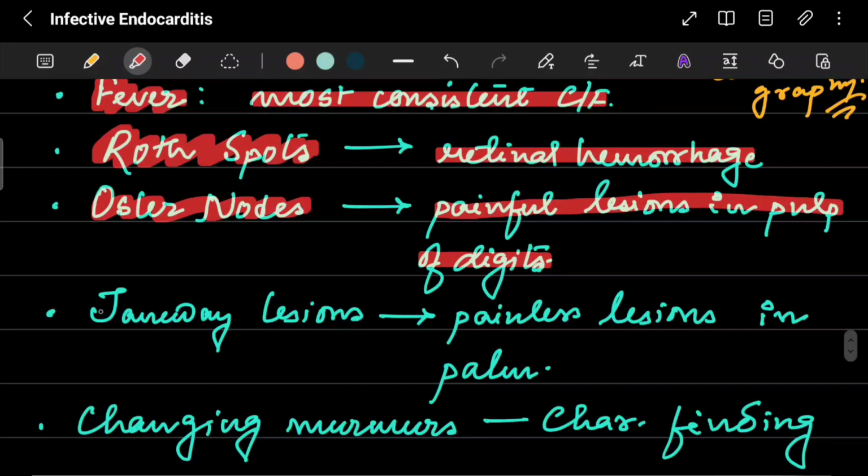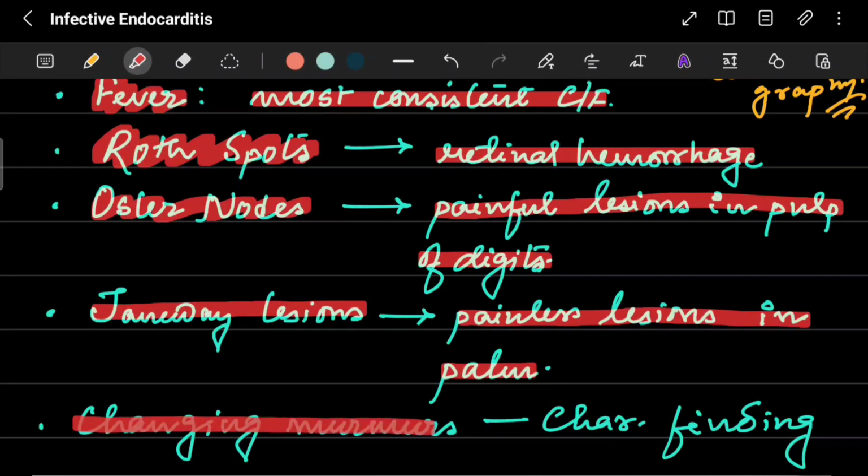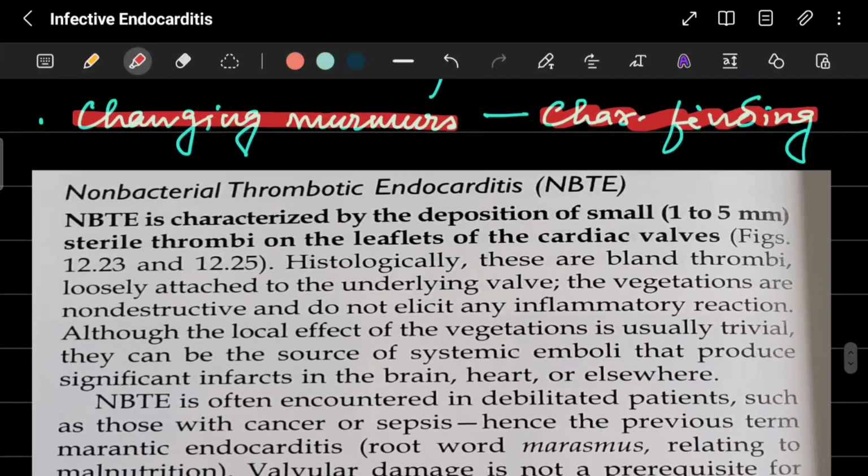We have also talked about Janeway lesions. These are painless lesions present in the palms, and there are characteristically changing murmurs, which is a characteristic finding in case of infective endocarditis.